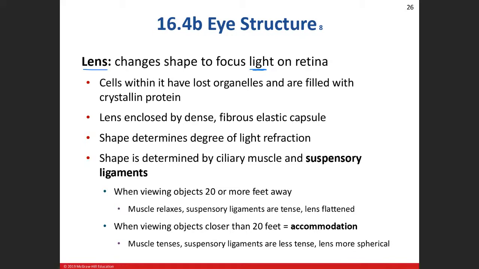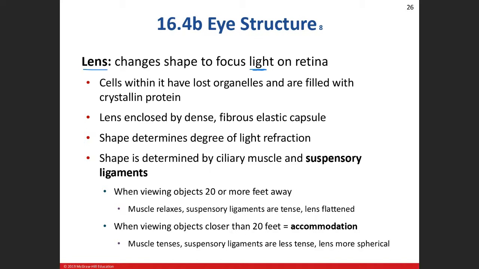So ideally, your lens is going to focus the light image of whatever you're looking at onto the fovea centralis, where your sharpest vision is located. Now, when things are blurry, the problem is the lens is not doing that. And that's why for someone like myself, I have these eyeglasses on, because they help with that focusing, okay?